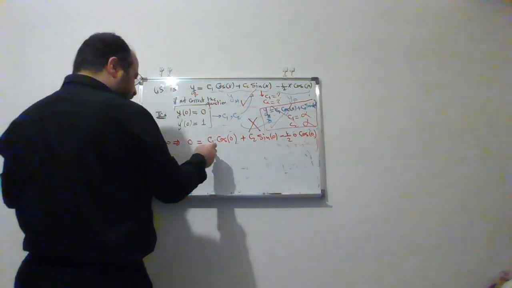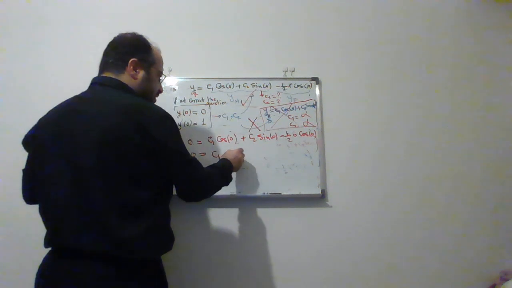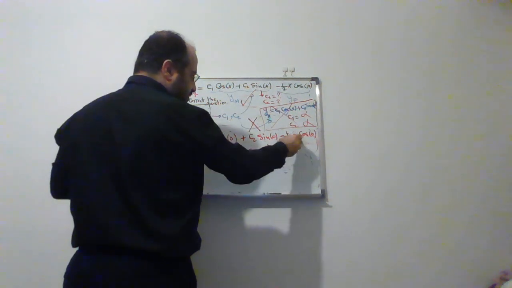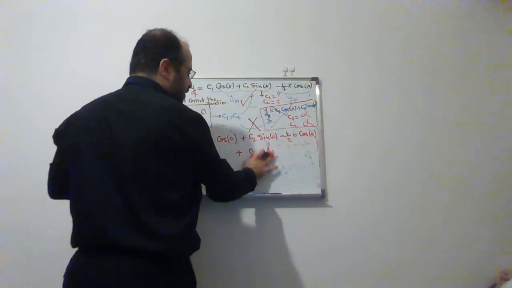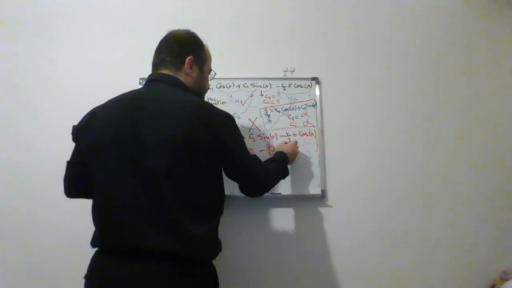Now this gives me C1 equals 0 plus C2 times 0 is 0 minus half times 0, so everything will be 0 here. Then from this I will get that C1 is 0.